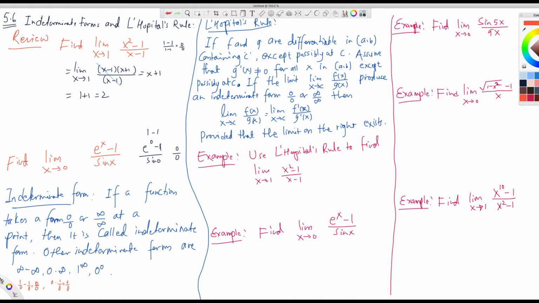Here, if you take the natural log, you will get infinity times the natural log of 1, which is 0, so that is 0 times infinity. Similarly, this one is 0 times infinity too. Since these forms can be reduced to 0 over 0 or infinity over infinity, these are also indeterminate forms.